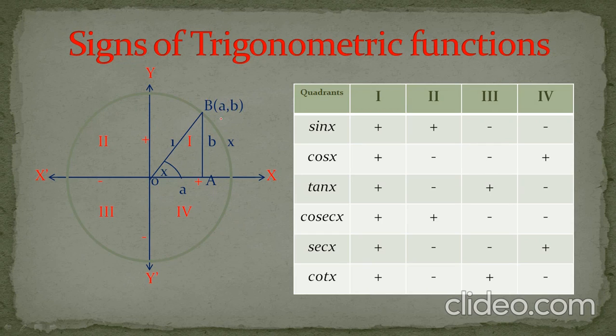In every quadrant the sign of A will be the sign of cos x, और जो B का sign होगा वो sign होगा sin x का.